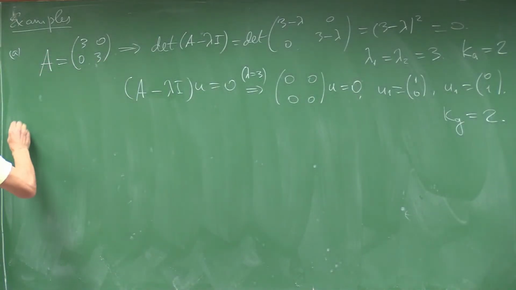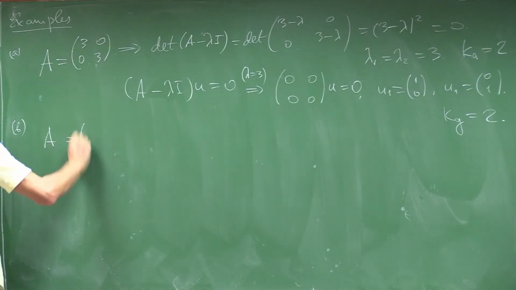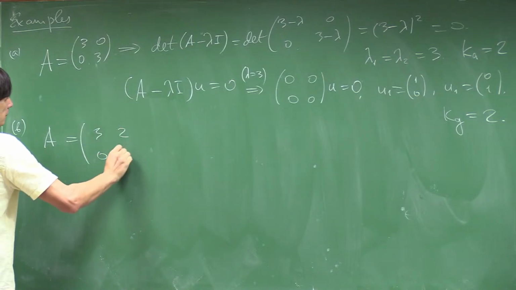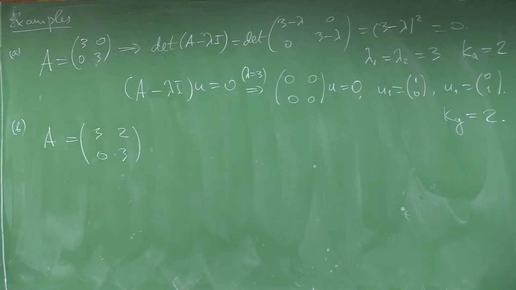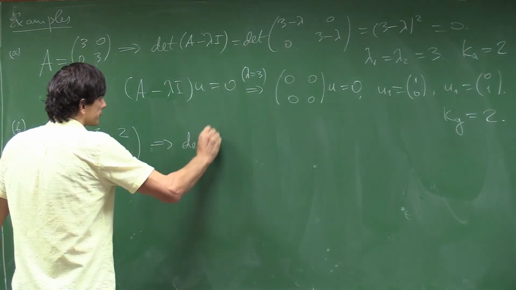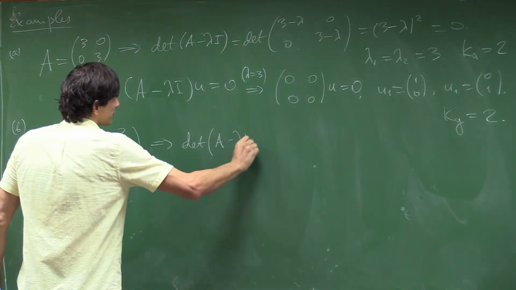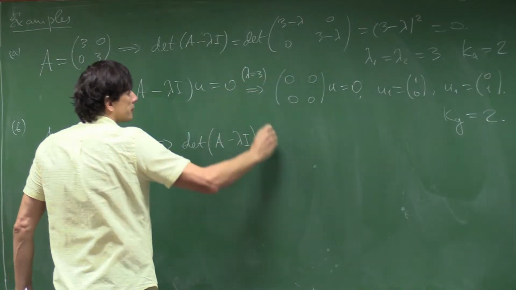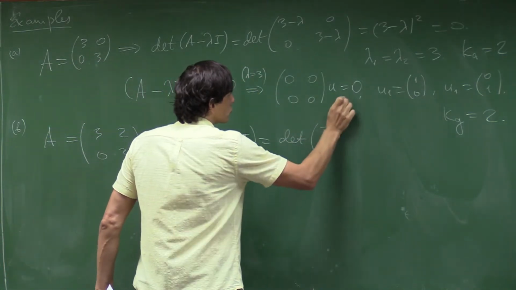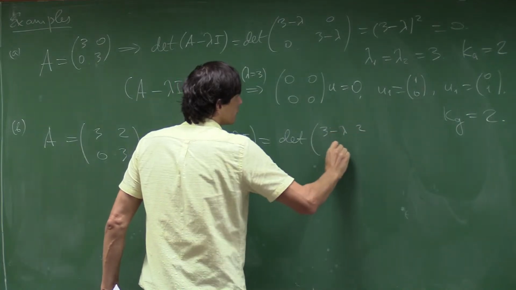So the second example: take the same matrix, but let's put 2 here in the corner. First is the characteristic equation. So we have to add 2 in the corner.